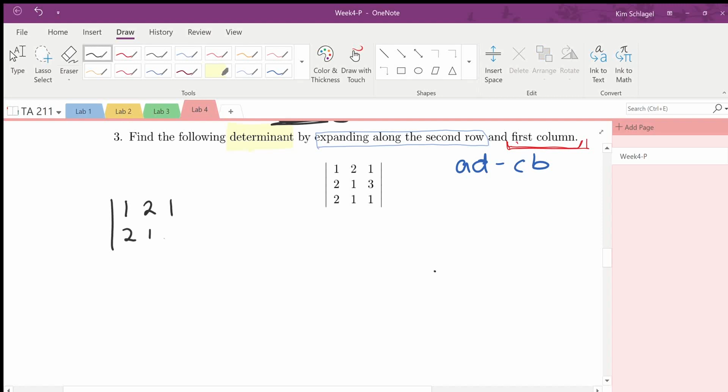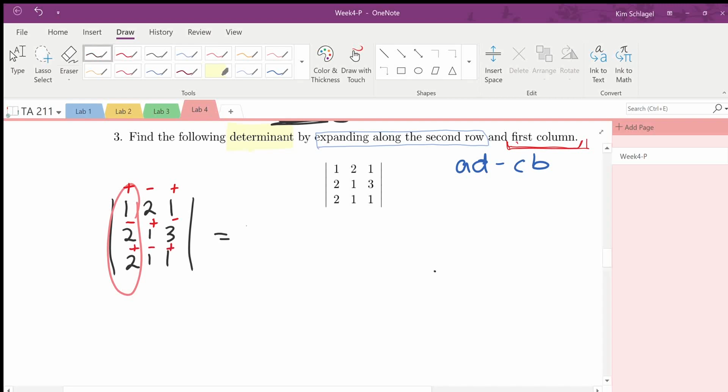2, 1, 3, and 2, 1, 1. So it looks like this. And if we're expanding along this first column here, then we're doing the exact same thing. We have our plus, minus, plus, our minus, plus, minus, and our plus, minus, plus.